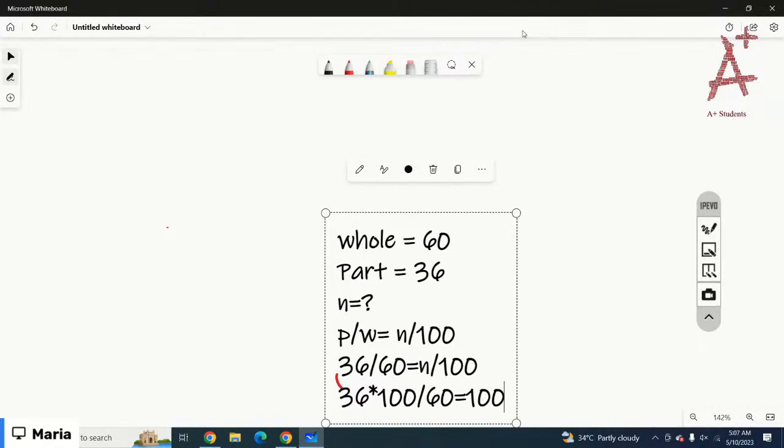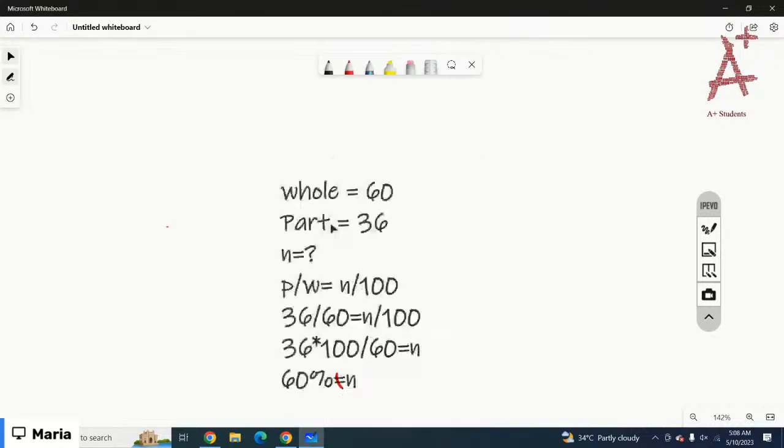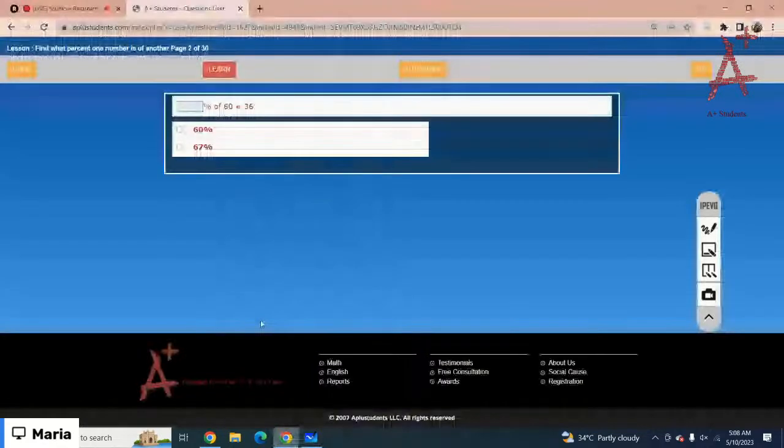So 36 times 100 is 3600 and 3600 divided by 60 is 60. That means 36 is 60% of 60, so the correct option is 60%.